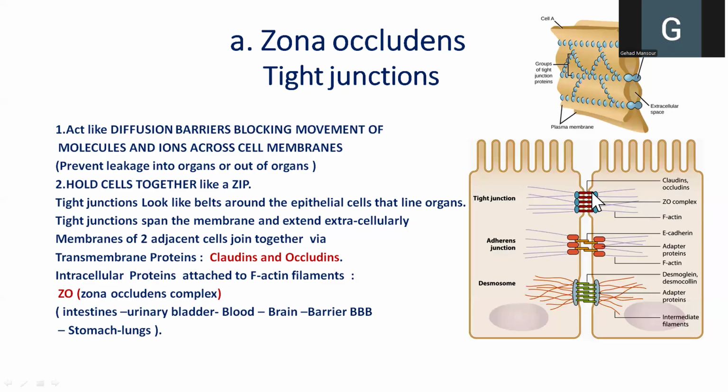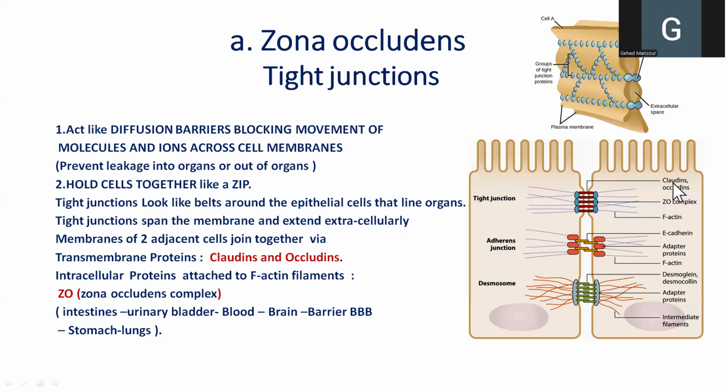But there is a part of the tight junction that is transmembranous, meaning that it passes across the cell membrane, and also extracellular. So these red proteins pass from the inside of the cell across the cell membrane and to the outside of the cell, or extracellularly, to join similar proteins from the other side. And these proteins are the claudins and the occludins.